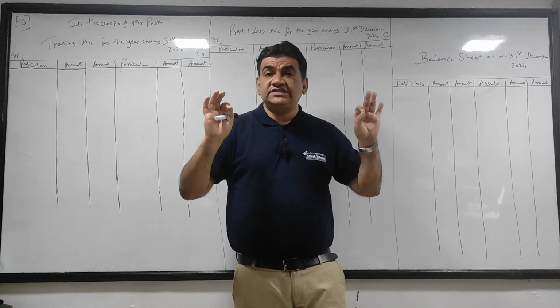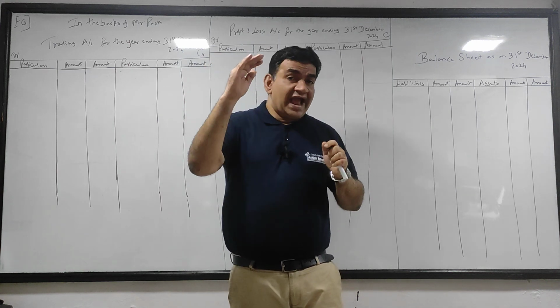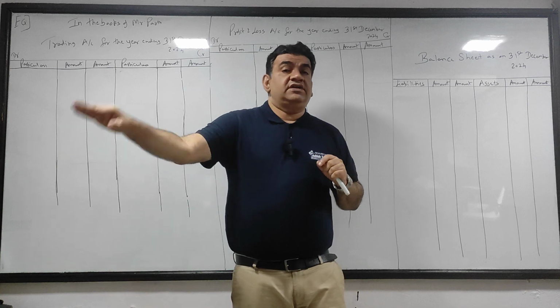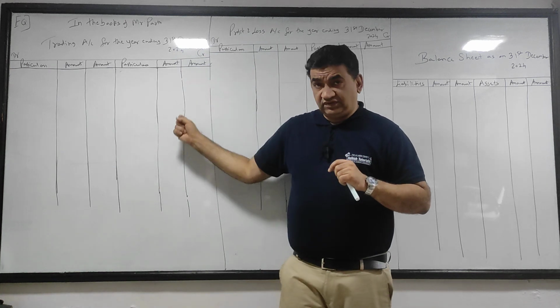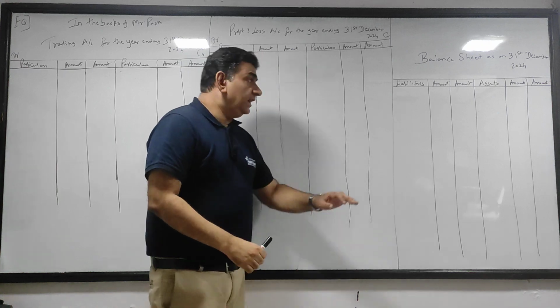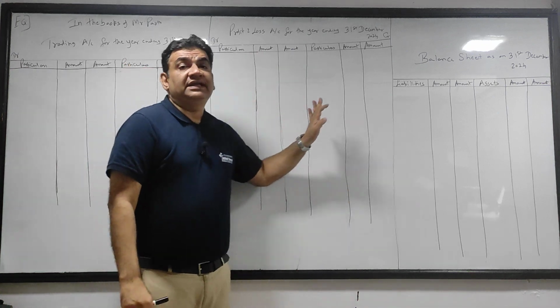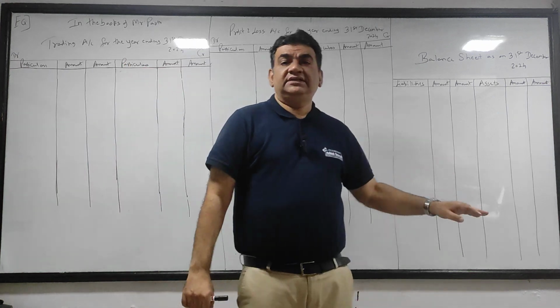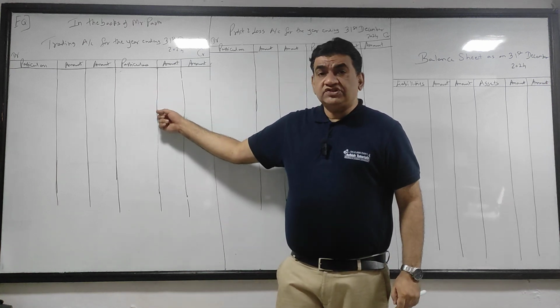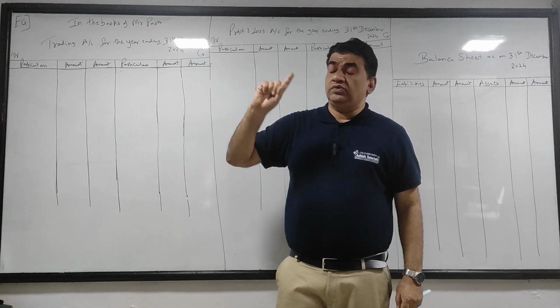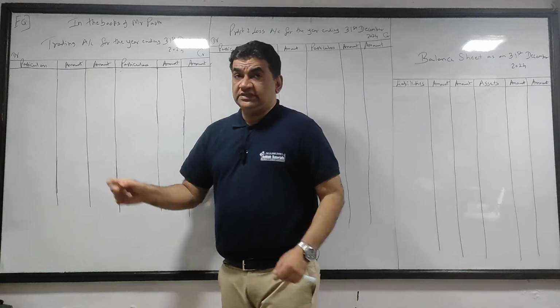So a full-fledged sum of final accounts at your FYJC level will involve preparation of three things: trading account, profit and loss account, and balance sheet. Got it guys? Object, purpose of preparing trading account, to know the gross profit or gross loss.